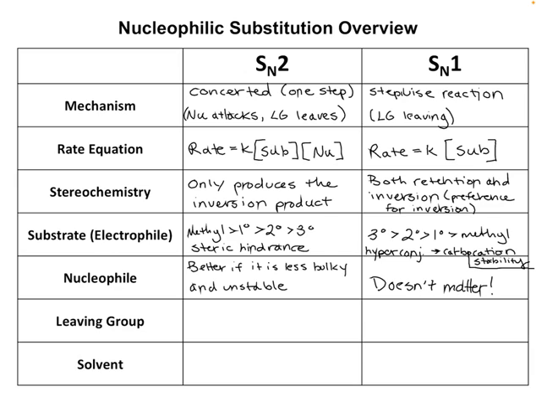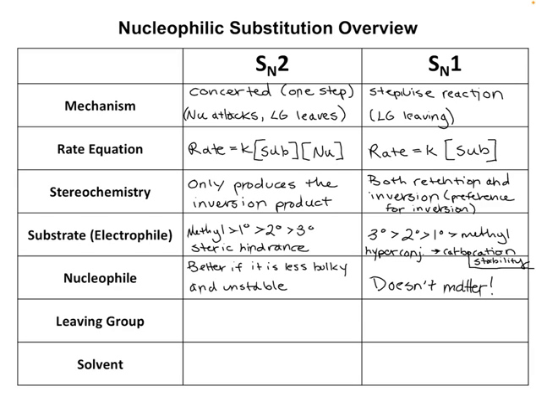And then for stereochemistry, we said that SN2 produces only the inversion product, whereas for SN1, both the retention and inversion products will form, but there is a slight preference for the inversion product. And then we went over the role of the electrophile, and we said that the electrophile should be quite small for SN2.